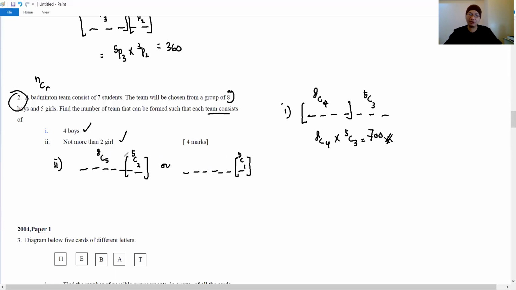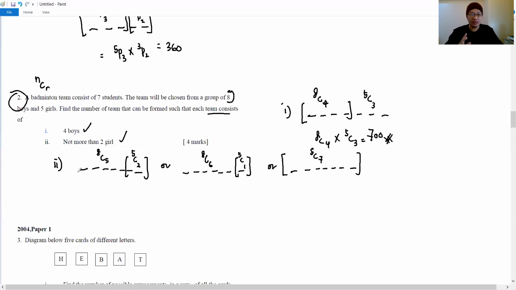It can be 2 girls, or 1 girl, or no girls at all. So the places available for boys will be 6, and we need to choose from 8, so 8C6 for the boys. Or 1, 2, 3, 4, 5, 6, 7, there are no girls at all, so the whole team is boys. So it will be 8C7.